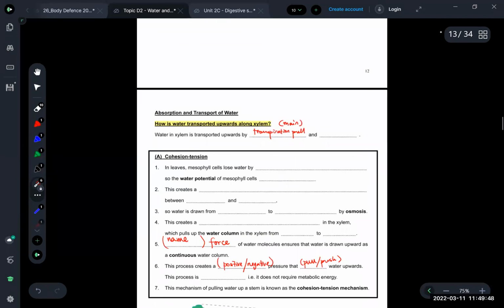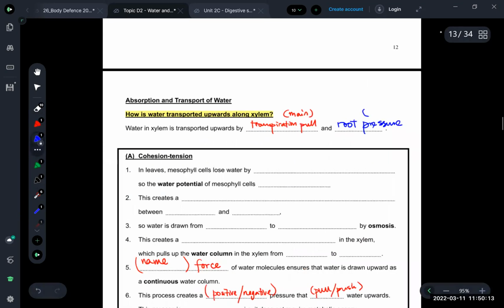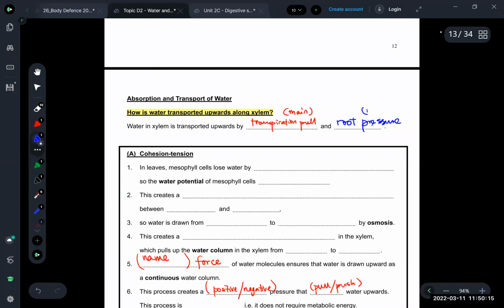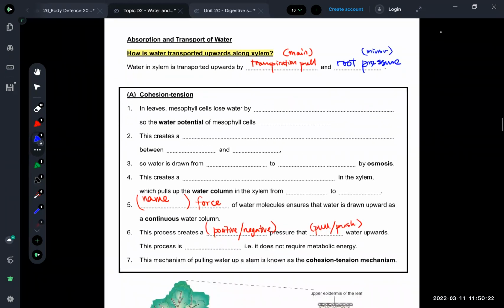Now, overall, we have learned that there are two driving forces that drive the transport of water in the xylem. However, I want you to also realize that they play different levels of significance or importance in water transport. Think about root pressure.